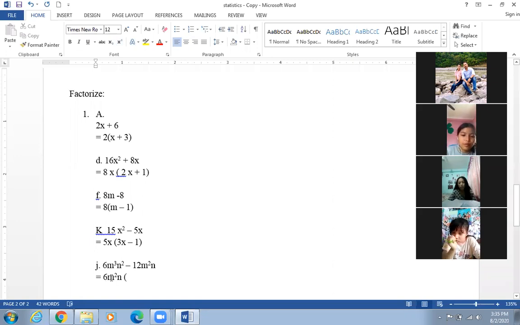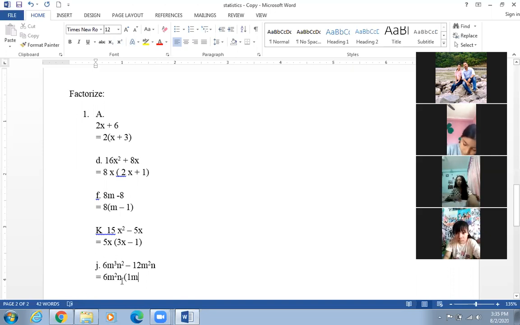It is going to be 1. For m cube and m square, take out your 3 fingers. m cube means three m's and m square means two m's, so subtract 3 minus 2, which is 1, that means m. So m cube divided by m square leaves only 1 m.